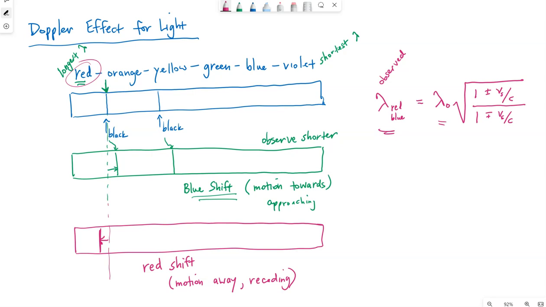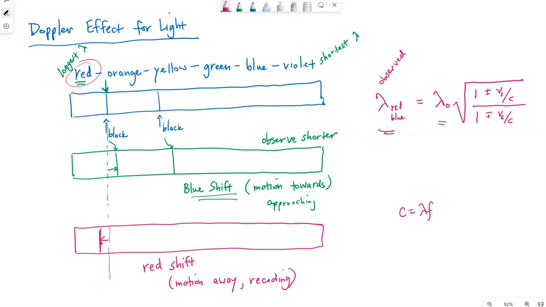Similar with the sound, that will only be the component of the velocity, the source's velocity directly towards or away from us. But that's still some good information to work with. They give us the equation for frequency as well. It's very similar. But in the field of astronomy, I believe they work with wavelengths more than frequency, though they're certainly related because we know the speed of light is wavelength times frequency.